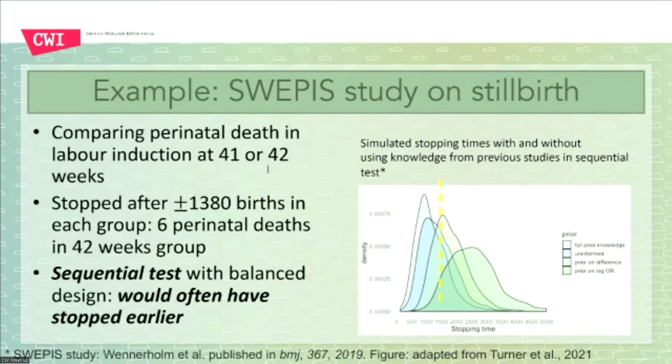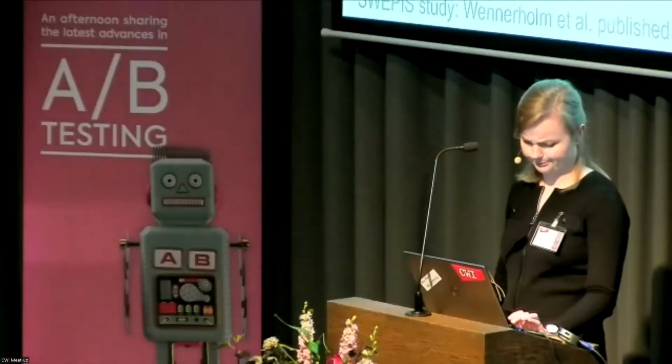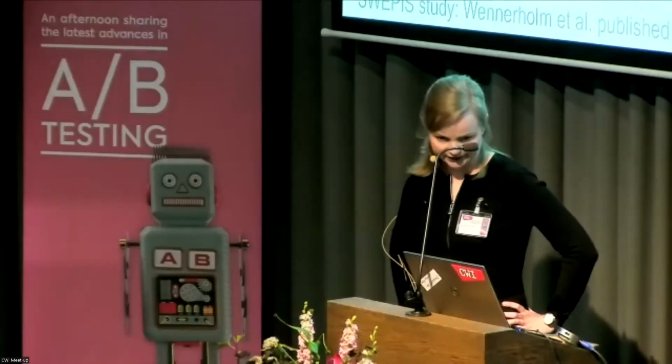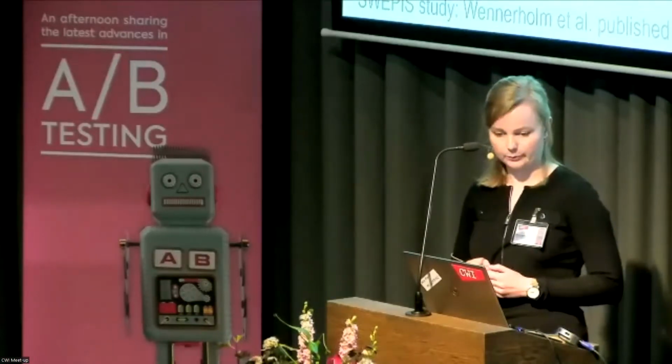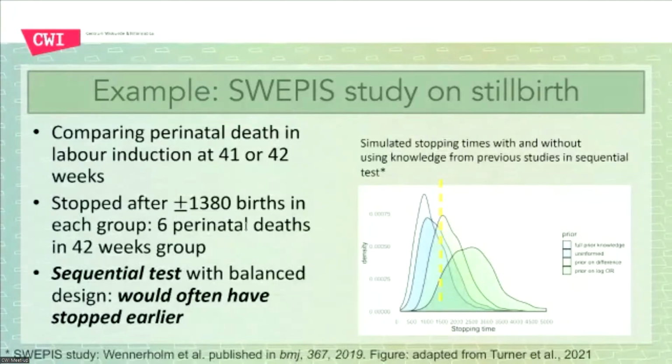It was not clear to them what was better. Inducing labor can cause complications, but waiting too long also can cause complications. Luckily, they had a safety monitoring board, because it turned out that in the 42-week group, there were unexpectedly many more deaths than in the 41-week group. They didn't observe any deaths in the 41-week group and 6 in the 42-week group.